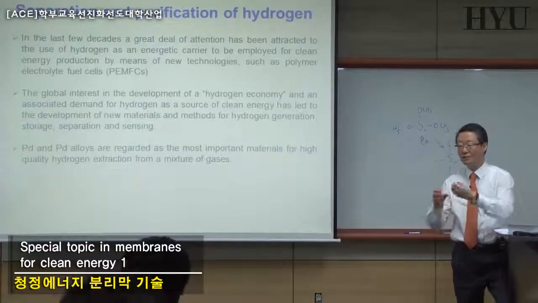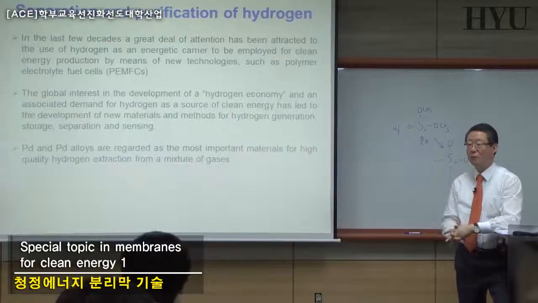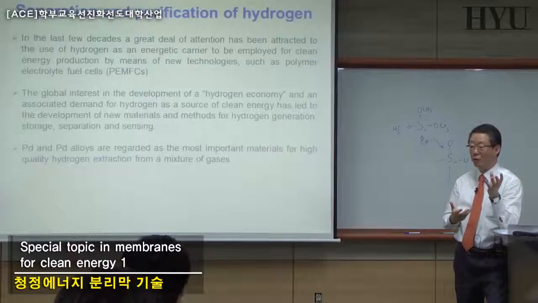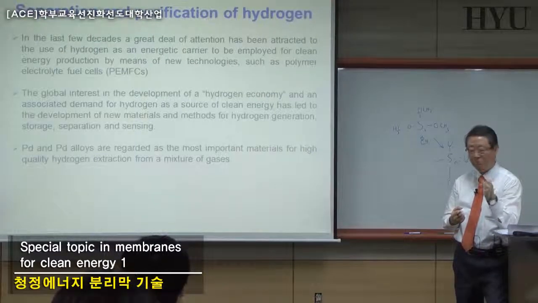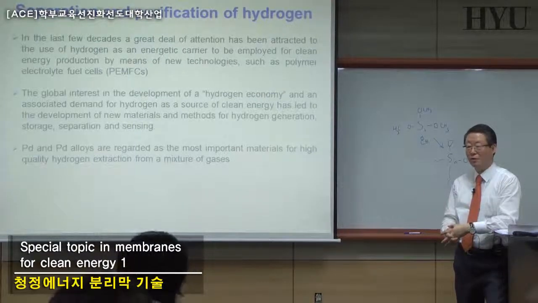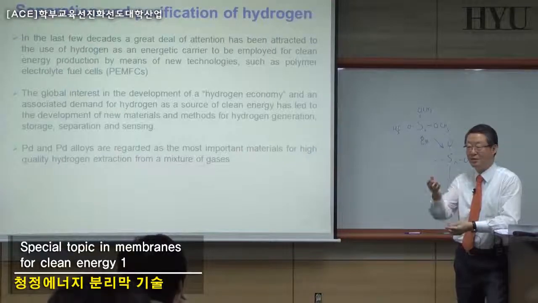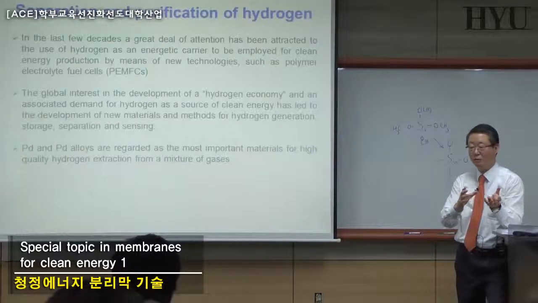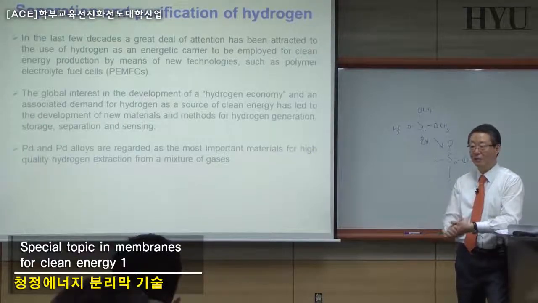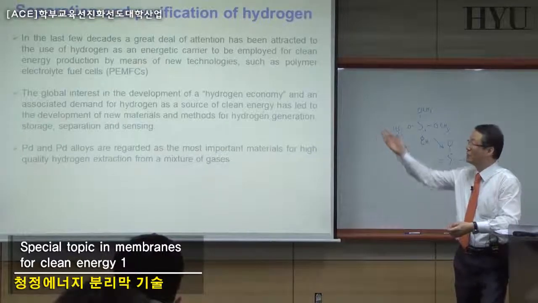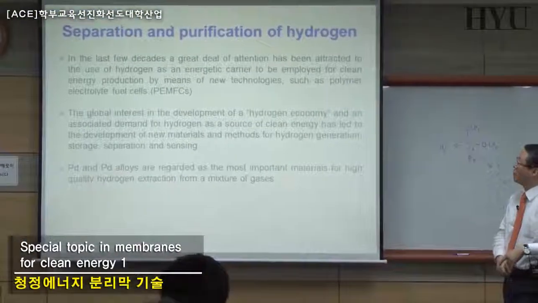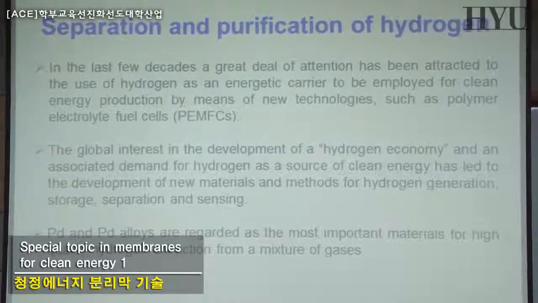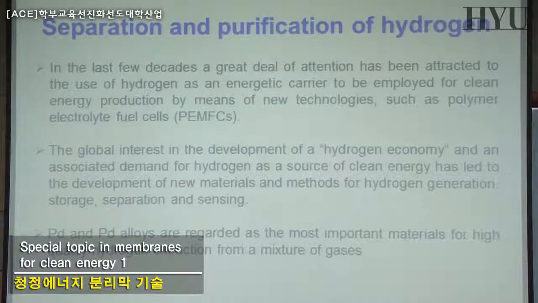But we do not have the right economic process to make hydrogen from water at this point. Perhaps in the future you will do that. And if you get the hydrogen from water, then the hydrogen fuel cell vehicle, with the polymer electrolyte membrane fuel cell, will be realized in the near future.